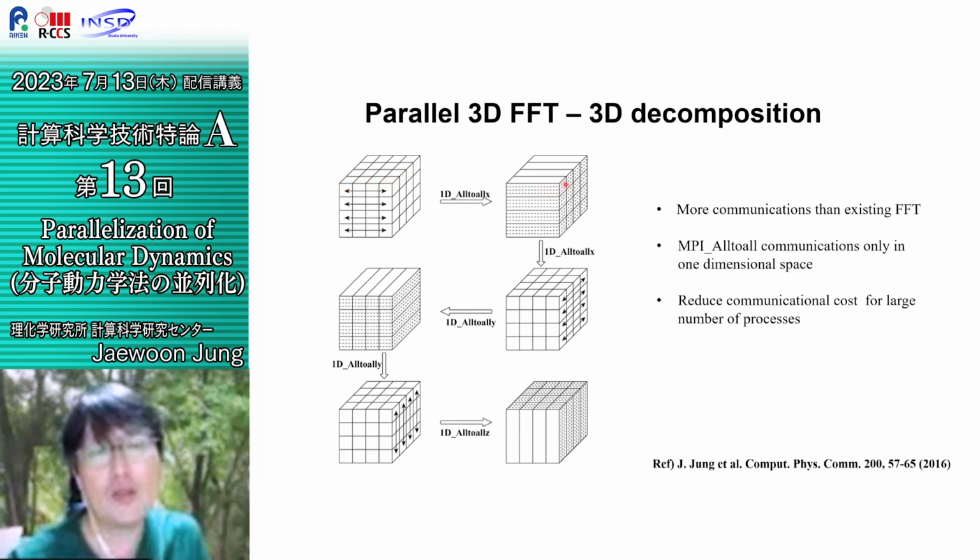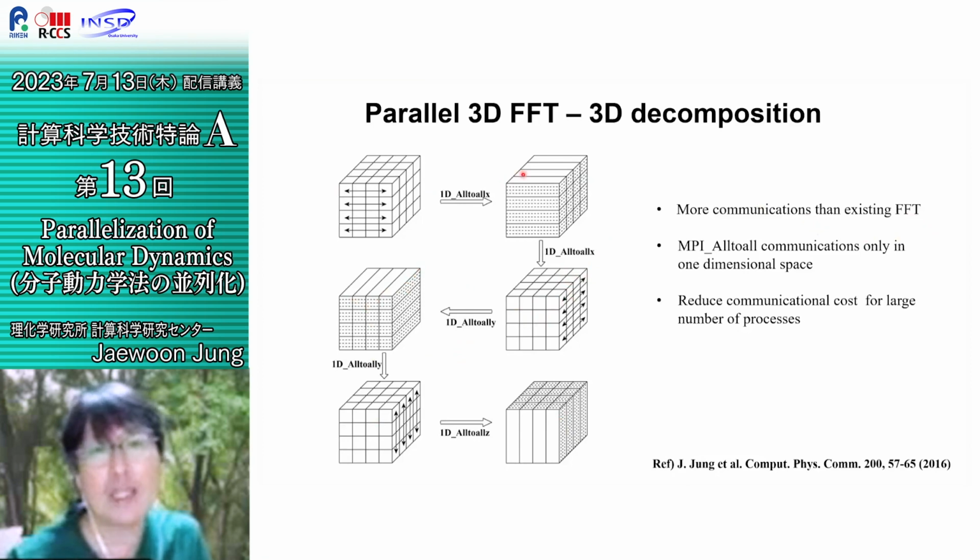Then this data goes back to this style. To perform FFT in this direction, these four processors need MPI all-to-all and have the data this way, and we do it iteratively. So this requires more communication than existing FFT schemes.